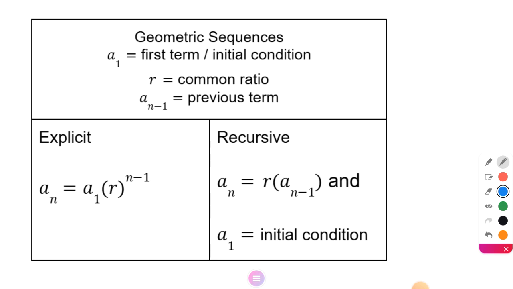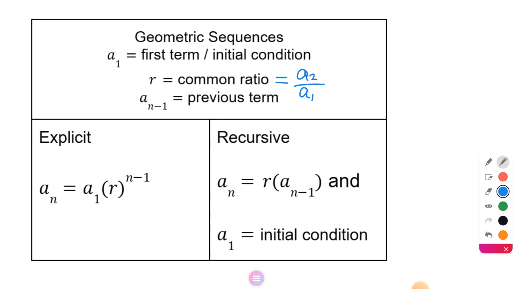Again, to find that common ratio, we divide the second term by the first term. And then a sub n minus 1 is the previous term. That's going to come into our recursive formula again. My explicit formula: a sub n equals a1, that first term, times my ratio to the n minus 1. n is the term number I'm looking to find.